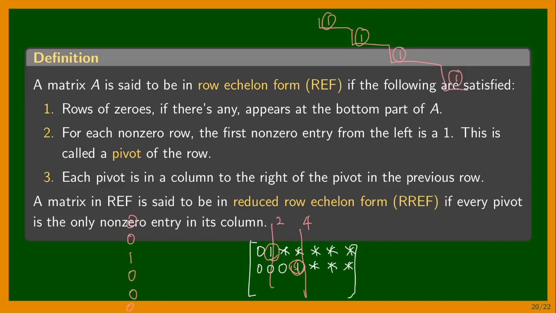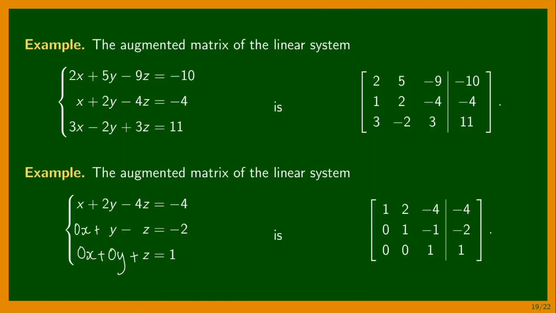When you look at the matrix here, for example, ito ay nasa REF siya, row echelon form. Kita nyo naman, ang first non-zero entry from the left are all ones, and these ones are arranged in echelon form. Yan ang sabi ng echelon form. But this one is not in RREF.